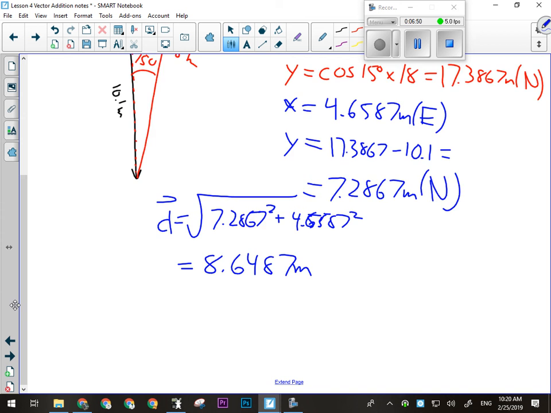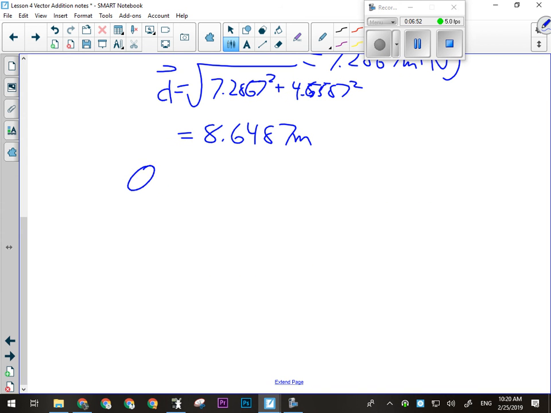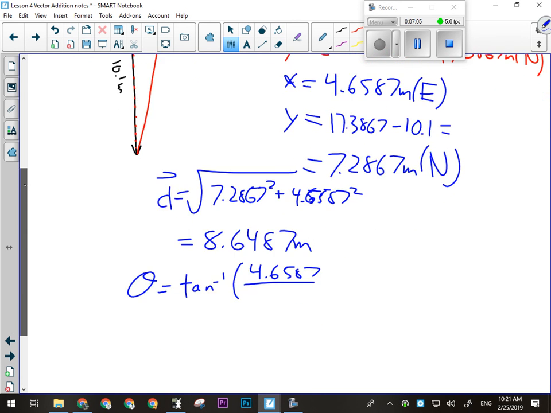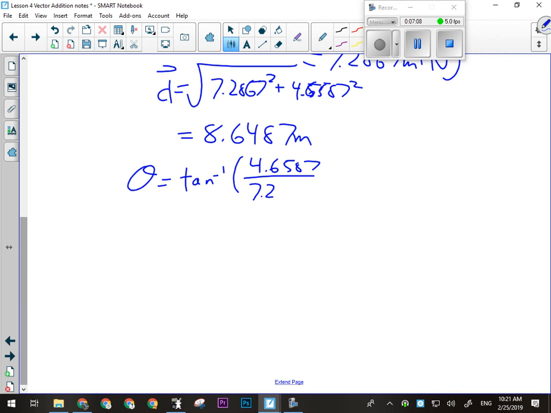Okay, of course, at this point, we could use any trig function we wanted. Okay, theta equals tan to the minus 1 of my x component, which was the 4.6587, divided by the other side, which was 7.2867. All right, that'll give me my angle.